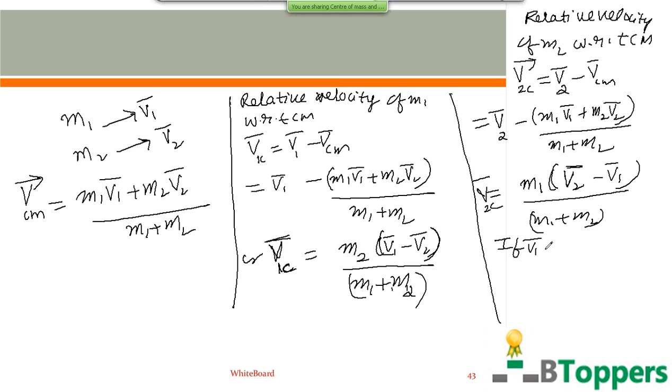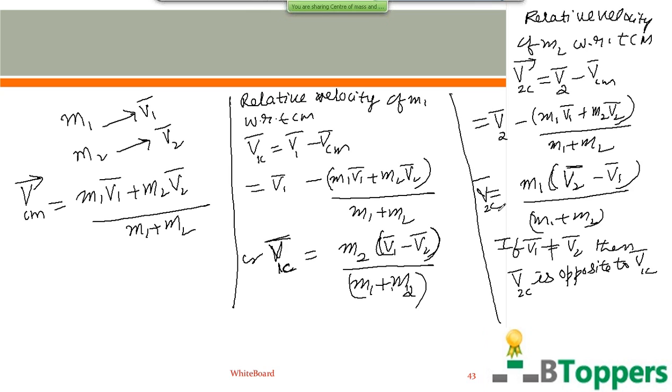Suppose v1 bar is not equal to v2 bar. I mean, if the two particles of mass m1 and m2 are moving with different velocities with respect to a stationary observer on the earth, then the direction of v bar 2c will be opposite to the direction of v bar 1c.